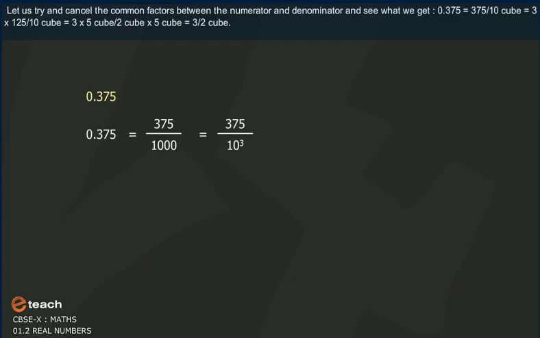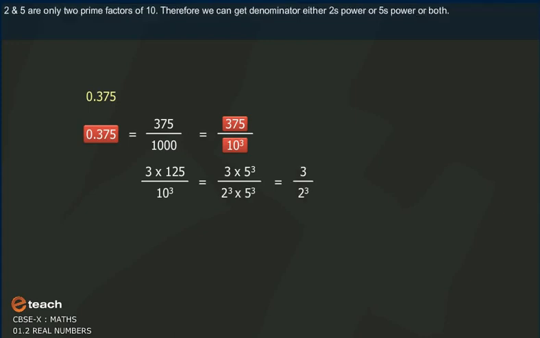Let us try and cancel the common factors between the numerator and denominator and see what we get. 0.375 is equal to 375 upon 10 cube, which is equal to 3 into 125 upon 10 cube, which is equal to 3 into 5 cube upon 2 cube into 5 cube, which is equal to 3 by 2 cube.